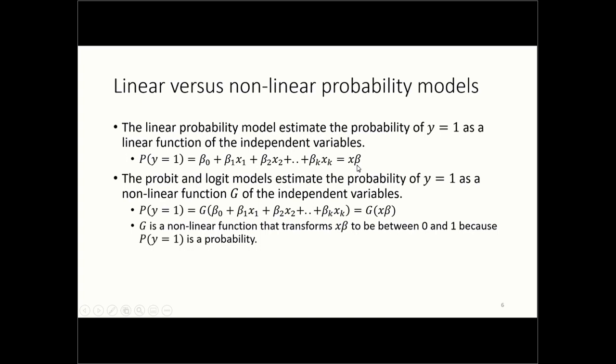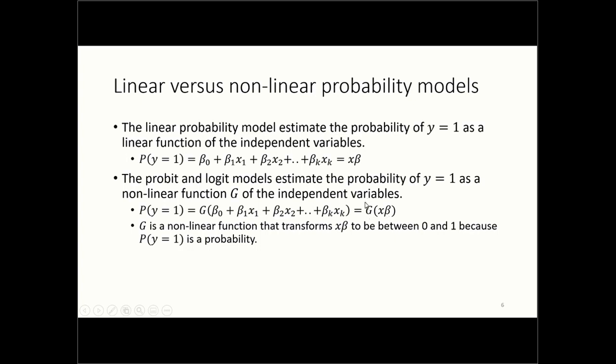Now, the Probit and Logit models would estimate the same probability of y equals 1 as a nonlinear function g of the independent variables. So here I have almost the same expression where it's the probability of y equals 1, but instead of just having x beta, I have g, a function of this expression. Or the shortcut notation here would be g of x beta.